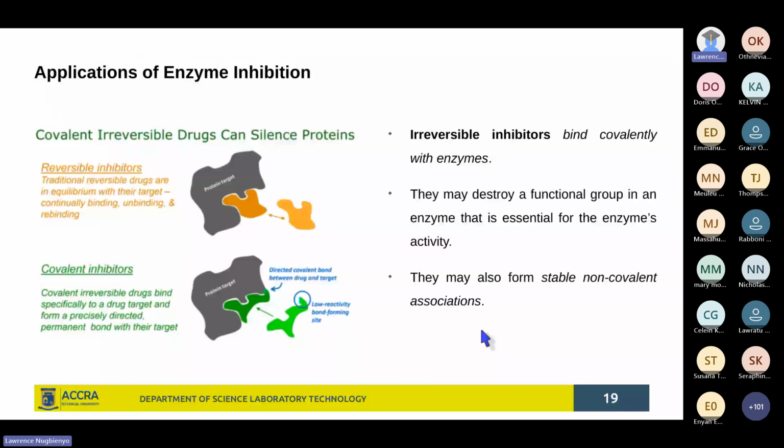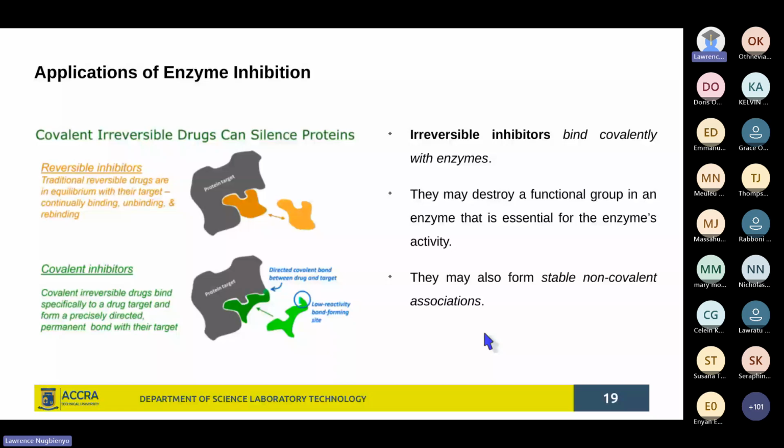Now to the bond, the question that Evans asked, about the type of bond which is formed between the inhibitors and the enzymes. We can have covalent bonds binding the enzyme and the inhibitor.